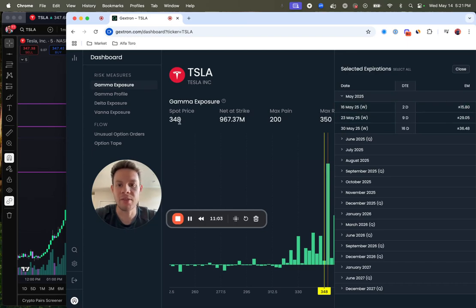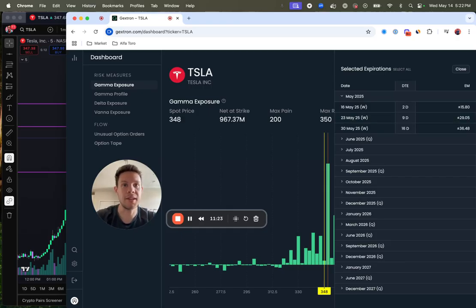As of right now, at the spot price of 348, we have about a $15.80 move left. Adding this number to the top and bottom gives us what is remaining for the week for Tesla. So it's possible for it to go all the way to what?